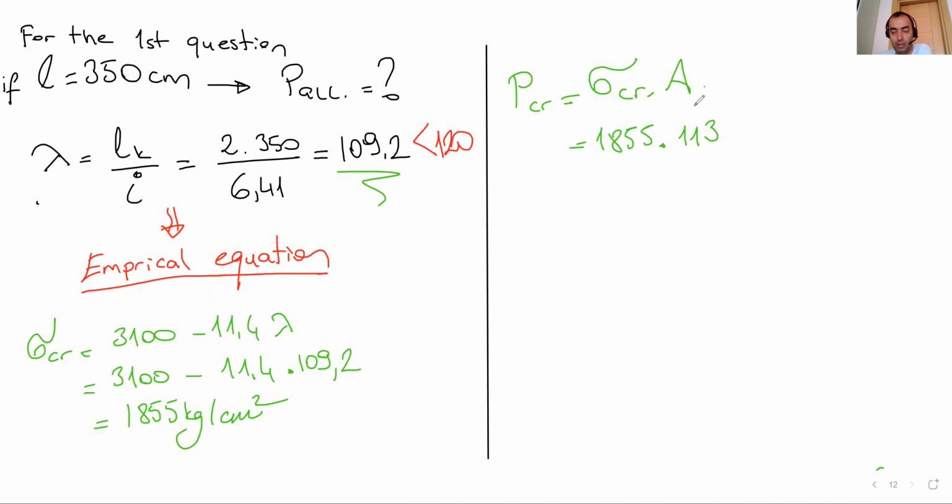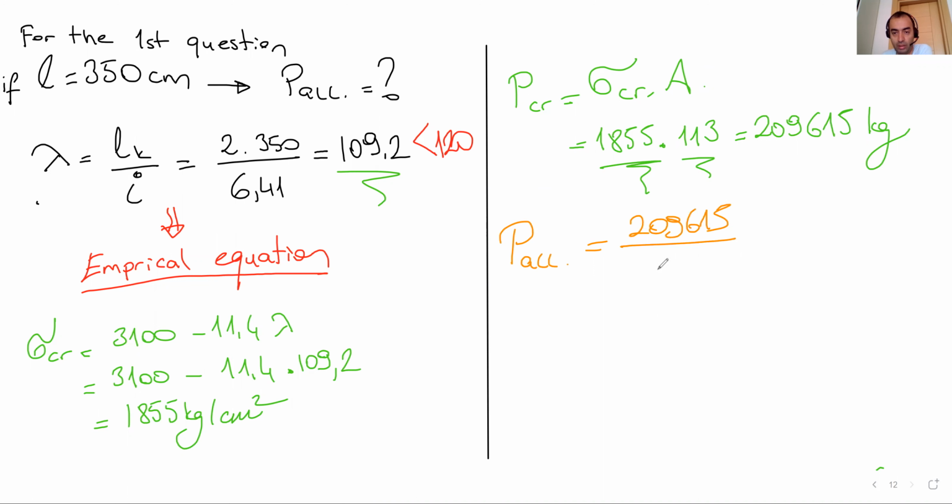So this is the critical load. Is this okay? No, we have to find the allowable force, sorry, over the factor of safety 2.5 equals this, the P allowable.